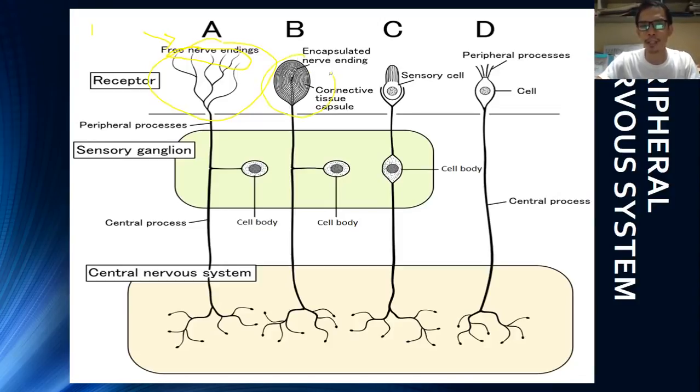The one here is somehow like a chemoreceptor. In the nose or in the tongue, there are the olfactory nerves, which contain a lot of receptors that look like this. In the eyes, there is a receptor that looks like this.